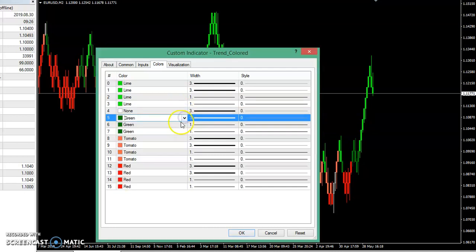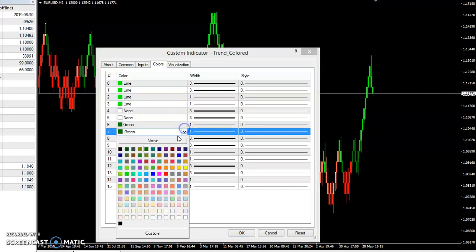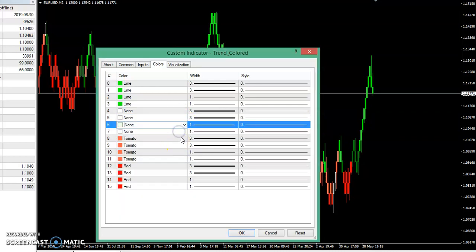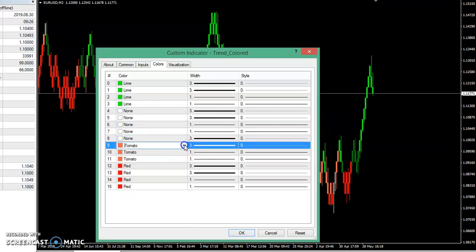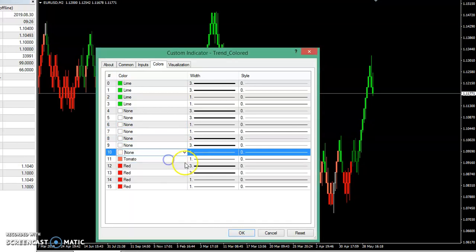So let's just turn this off to none. Okay, so we have basically just kept the settings of this indicator so that it only shows the stronger trends on the chart.